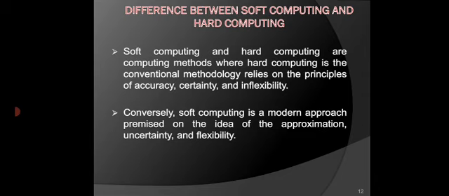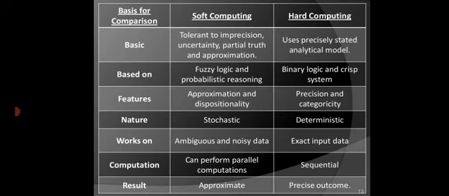On the other side, soft computing is a modern approach premised on the idea of approximation, uncertainty and flexibility. So let's see the difference in different comparison characteristics, like which method it is based on, its features, its nature, how it works, how it calculates and how the results are.